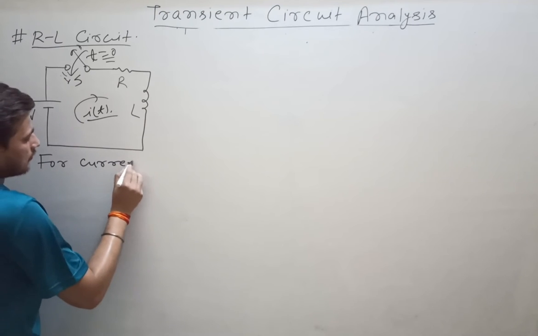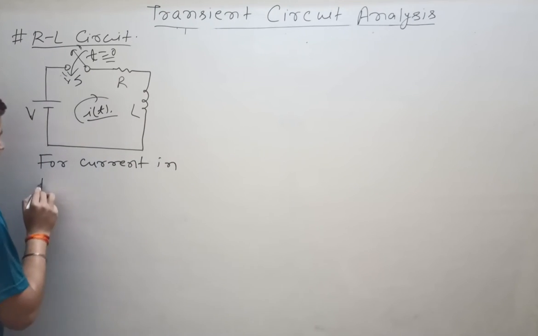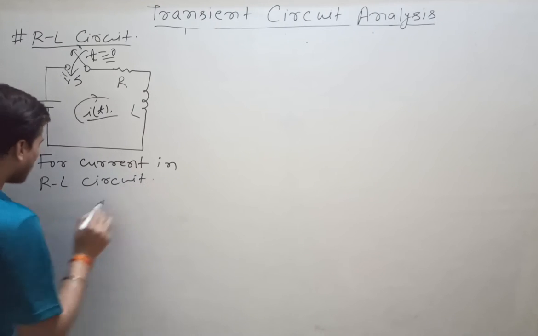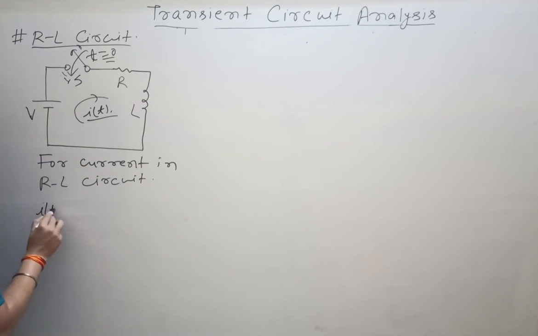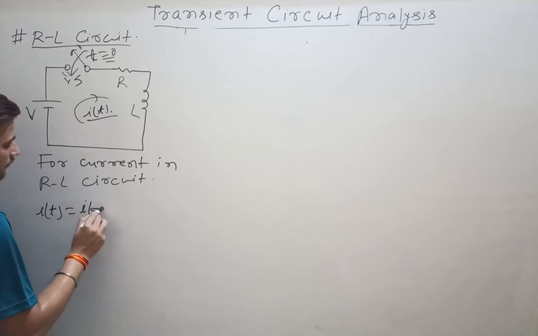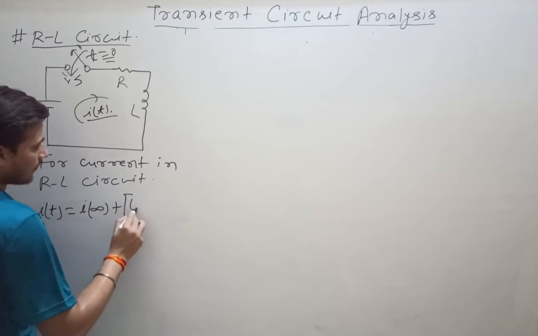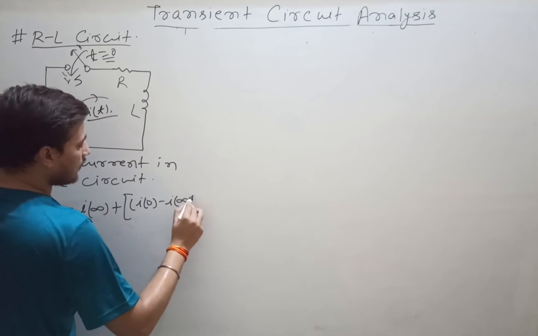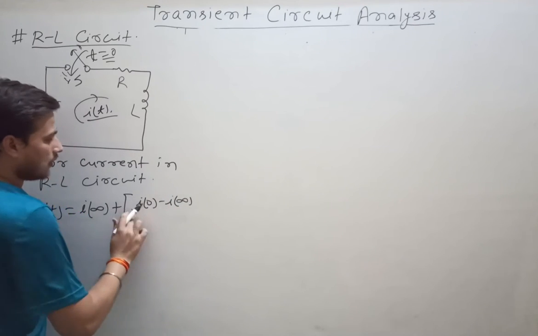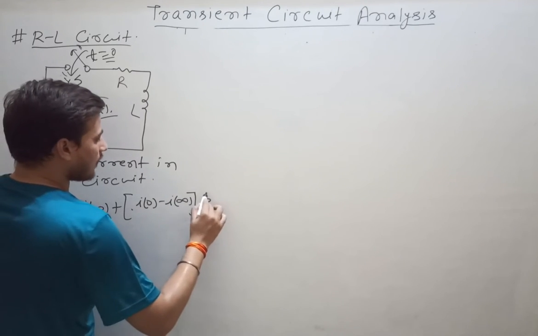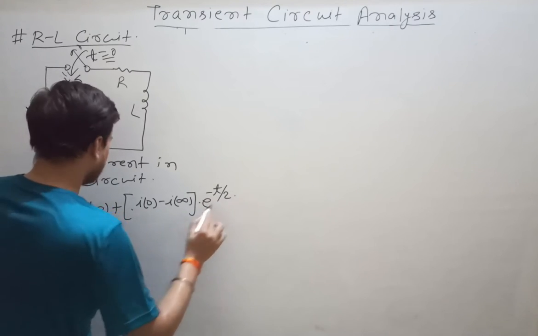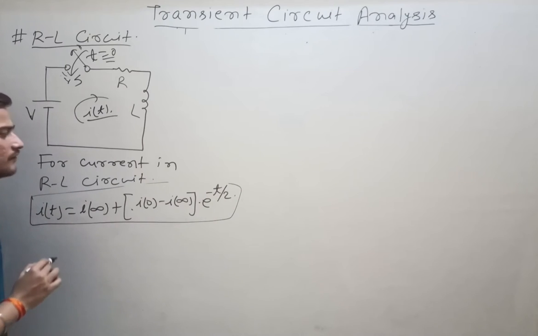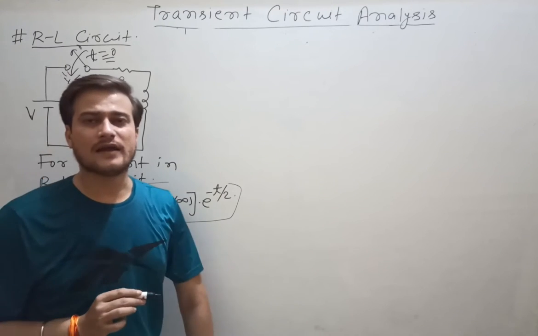The formula is i(t) equals I infinity plus (I0 minus I infinity) into e to the power minus t by tau.